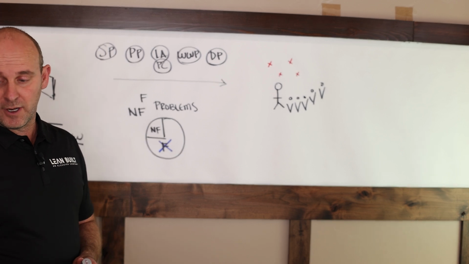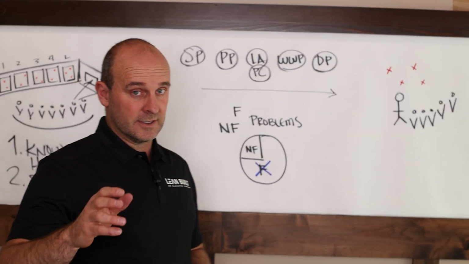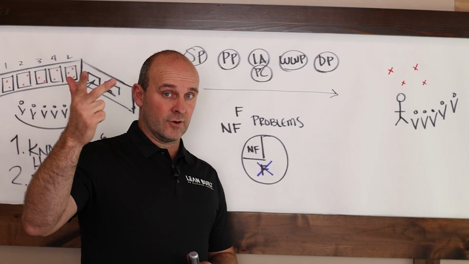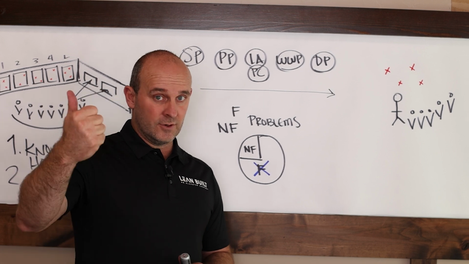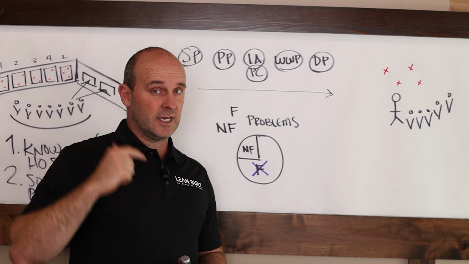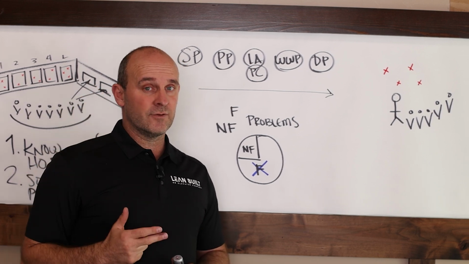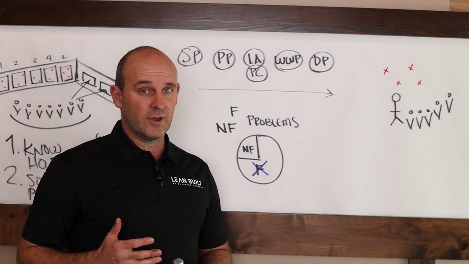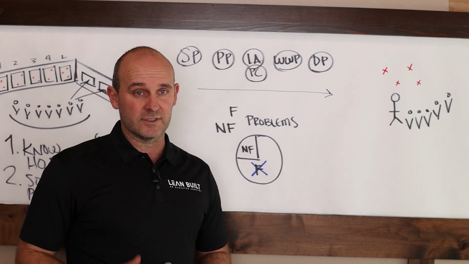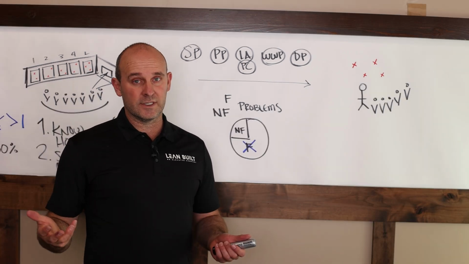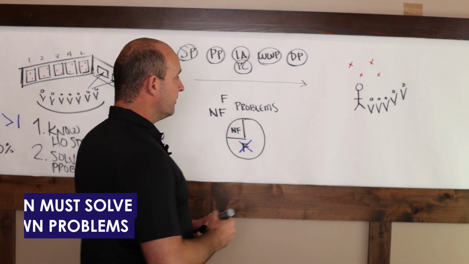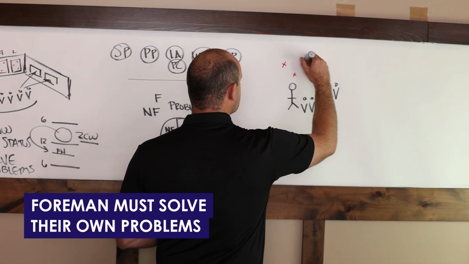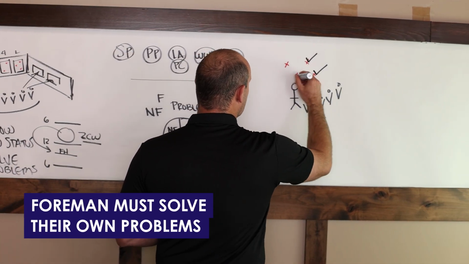If you've set up a proper system, and let me be clear about this, where you've got a clean, safe, and organized project site, the foreman knows how to manage deliveries, knows how to manage staging, knows the information for the install, knows how to write an RFI, knows how to work with the office, knows the environment, knows how to work with inspectors, that foreman should be able to solve his or her own problems.